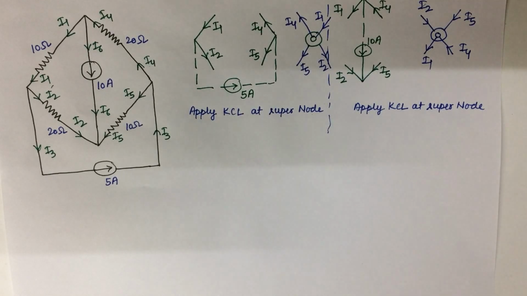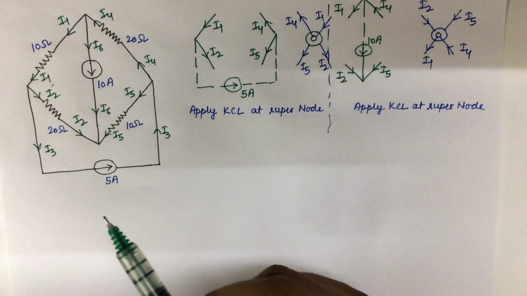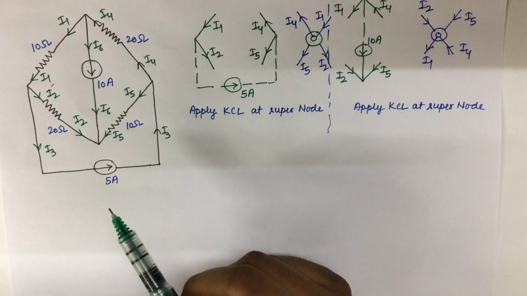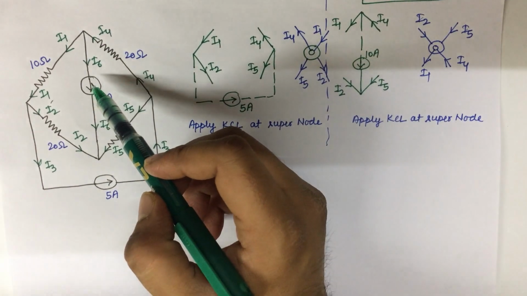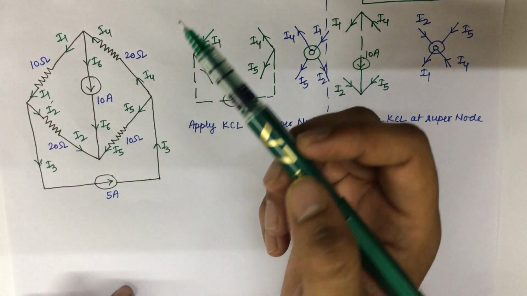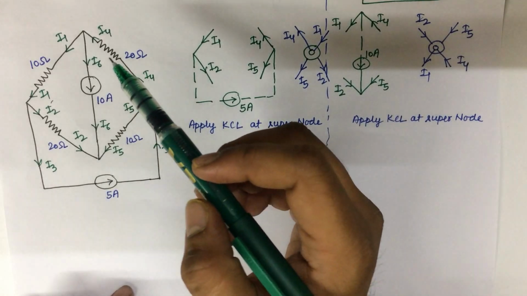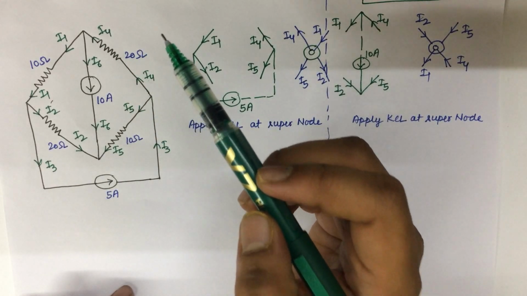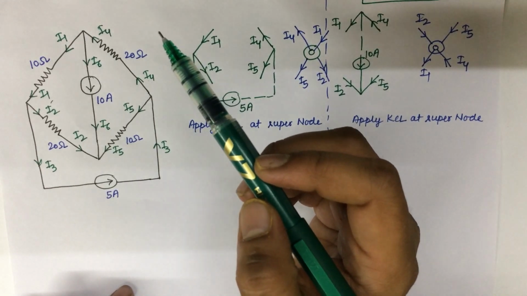So this is our problem. Now first of all we look at our problem here. There are two current sources here. When we choose the KVL method, we cannot apply the KVL equation if any branch consists of a current source.